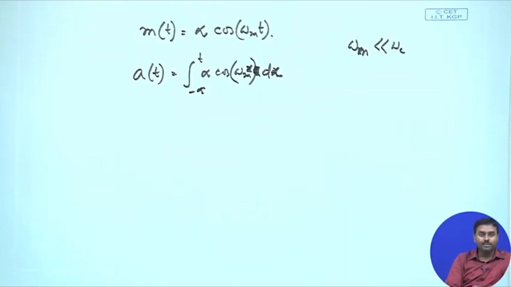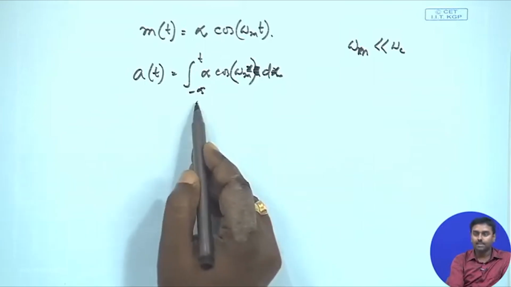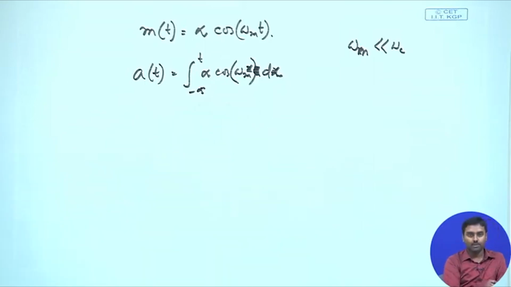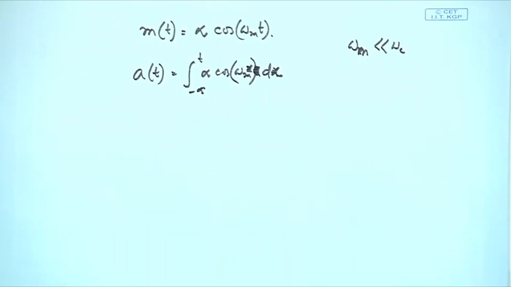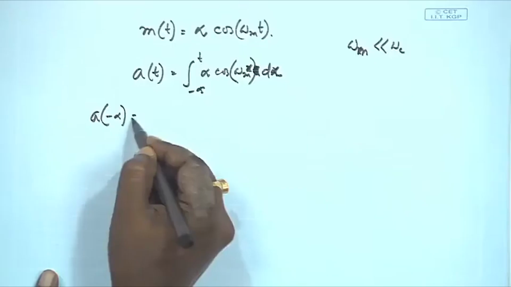Now, this integration, I already know how to evaluate that, but at minus infinity it will create a problem for me. So, we are just assuming that at minus infinity this A(t) is already 0.